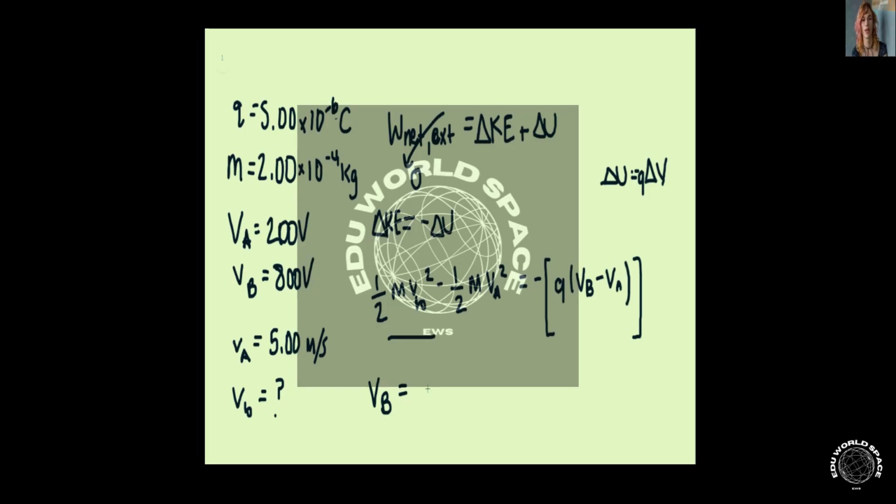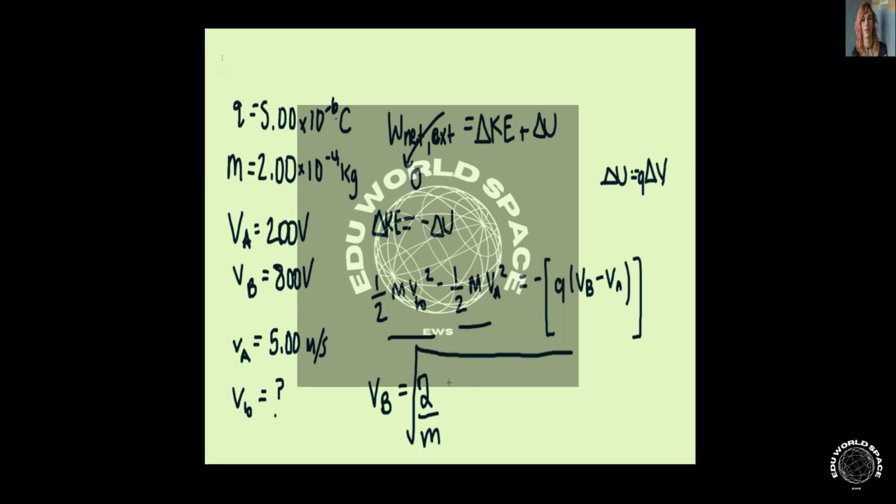Okay, now we can solve for VB. We bring this term to the other side, and then we end up multiplying everything by 2 divided by M, and then square rooting the whole thing.